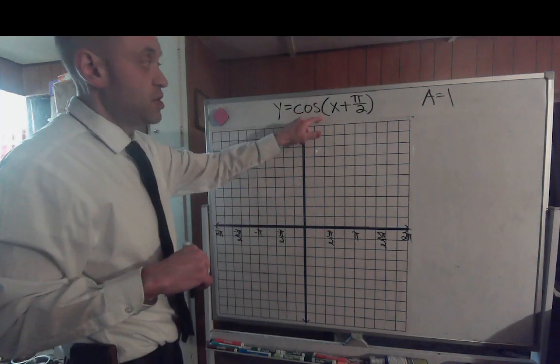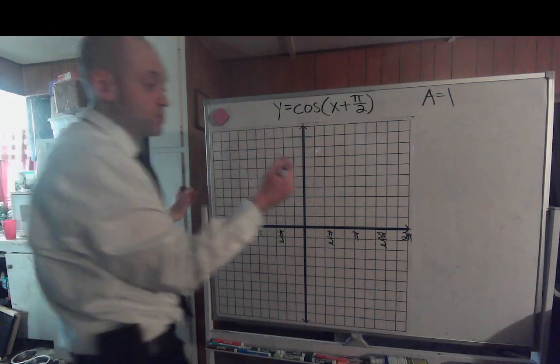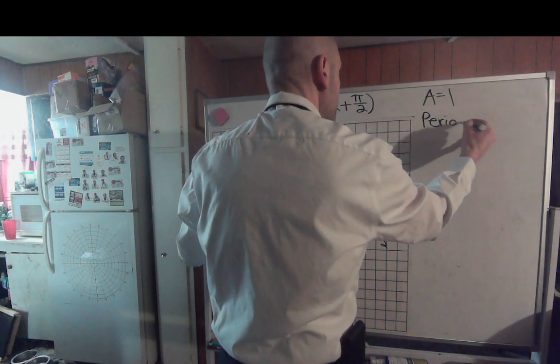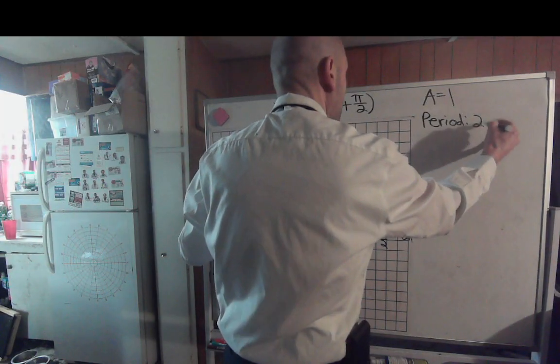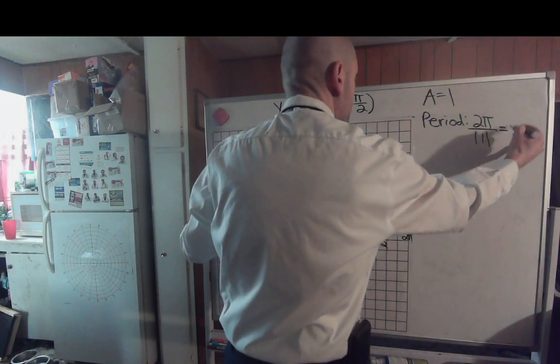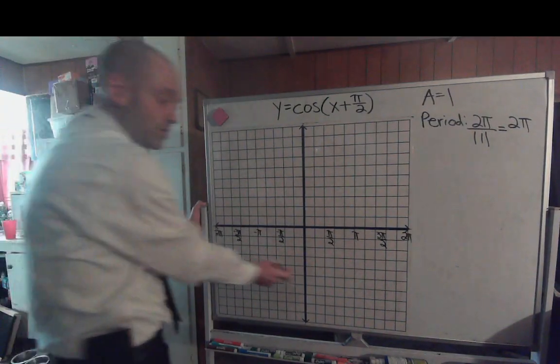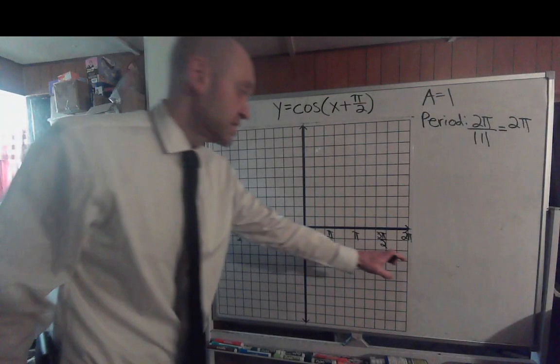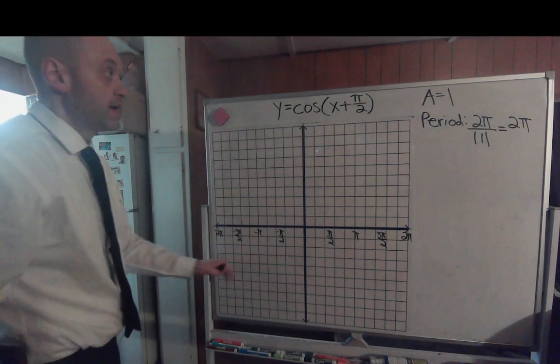If you don't see a coefficient, that means your b is 1. So your period is still going to be 2 pi over the absolute value of 1, which would just be 2 pi. And I already happened to keep up the x points, so we don't have to rewrite those.